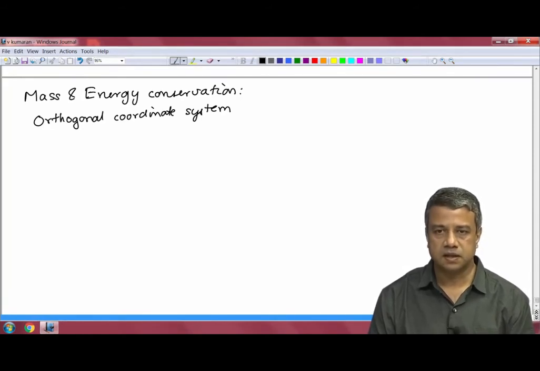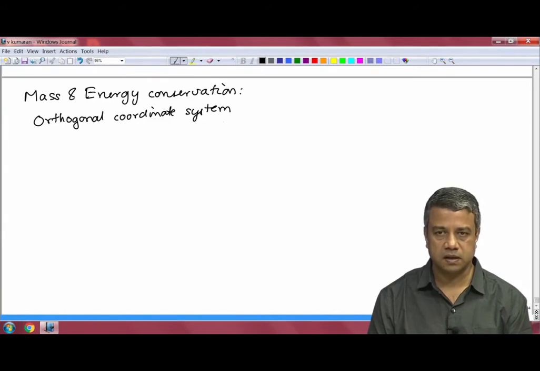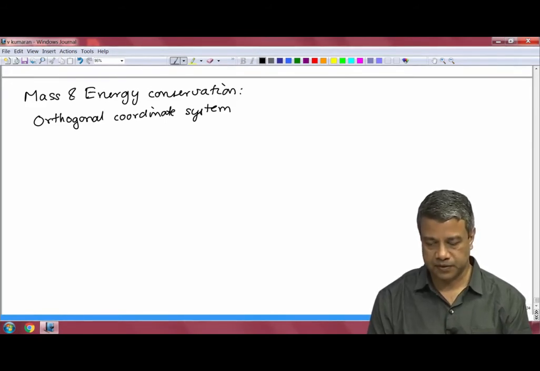So, we will first derive equations in specific coordinate systems, specifically the Cartesian and the spherical coordinate system. And I will later express these equations in terms of vector notation. The vector operators that we will use are general. They apply to different coordinate systems.